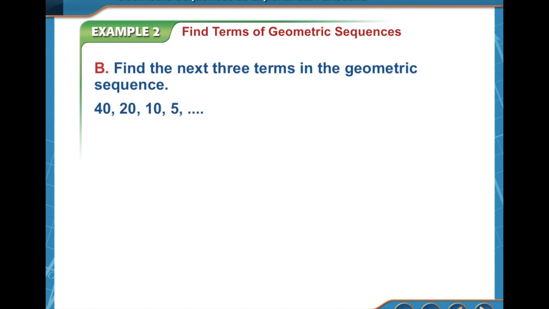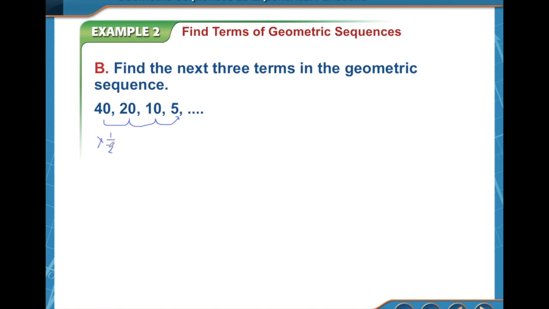Great. So how about 2b? We're asked to find the next 3 terms of this one. So it is geometric, but this one is a little bit different. So we're multiplying, but it is interesting because we're multiplying by something less than 1. So to get from 40 to 20, what do we multiply by? Well, it got smaller, but we multiplied by exactly 1/2.